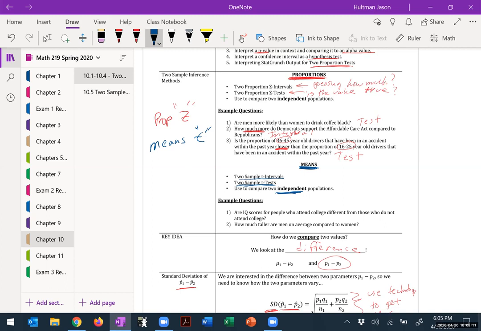It would be a pairing. It'd be like spouses: you'd have all the husbands and wives, and they would pair up with each other. Those would not be independent populations. Those would be dependent populations, because there are other confounding variables that come into play there. It's not a random assignment. I'm not just throwing all the guys in one pit and all the girls in another pit and asking how they compare.